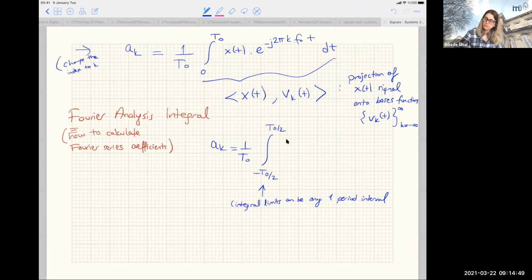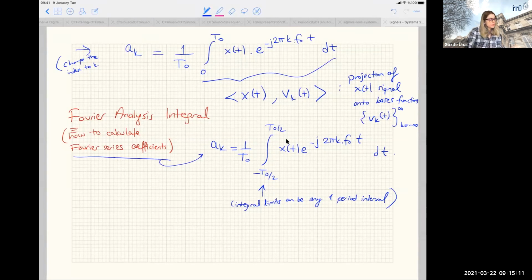This can be any one period interval: x of t e to the minus j 2 pi k f0 t dt. Okay? Fourier series, we know how to calculate Fourier series coefficients now. This is important because now you know how this analysis is done, okay?